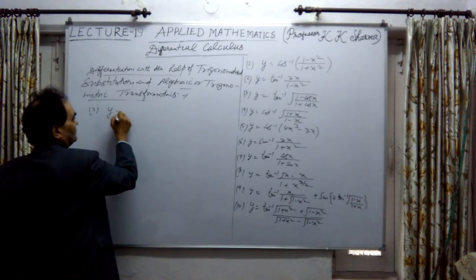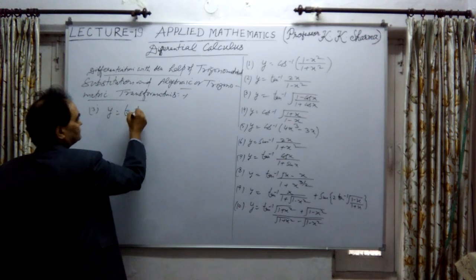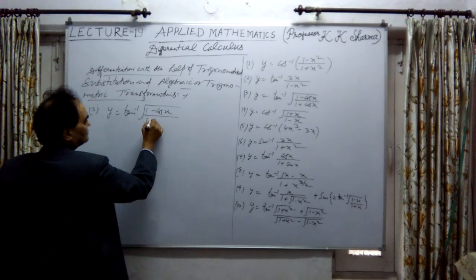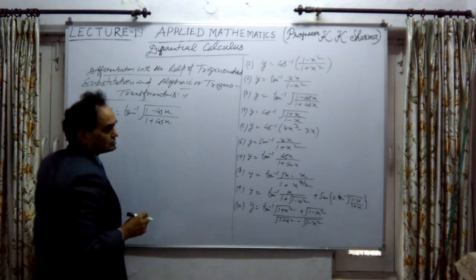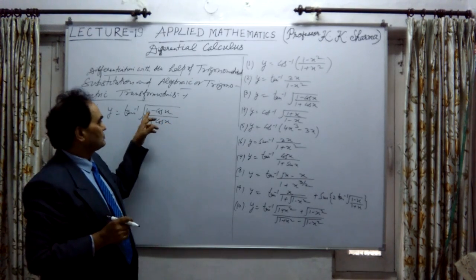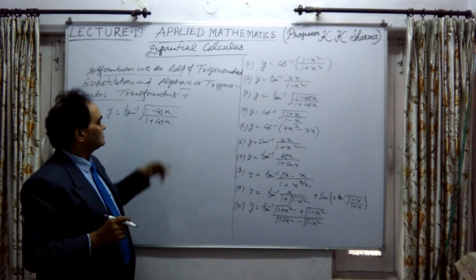Now the third question, let me take. The third is y equal to tan inverse under root 1 minus cos x upon 1 plus cos x. Now this is a transformation. There is no substitution, but this is a transformation. You know that 1 minus cos x equals how much?